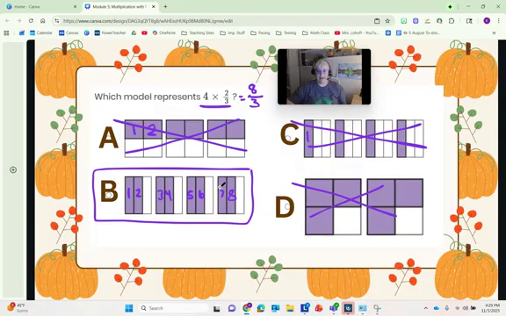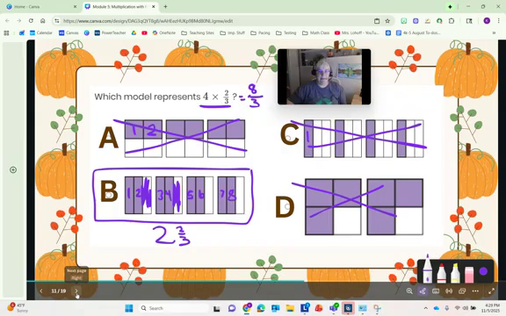So if I move things around, and I can't do it very easily in this picture, I can see that I could move number 7 over here, and I could move number 8 over here. That would give me 2 wholes and then 2/3. That would be my final answer, 2 and 2/3.